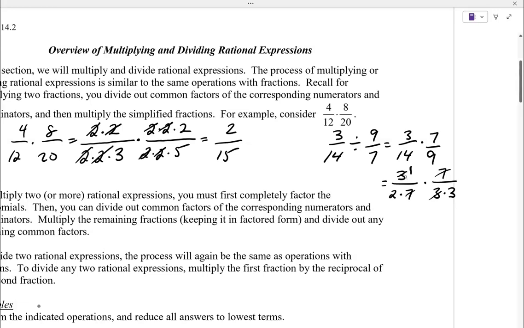The 7's. There's a 1 here. And then again, what do we get for the answer? We multiply across. On top, we'll get 1. On bottom, we'll get a 6. So we get 1 over 6. Again, the whole premise of this is factor everything in sight, divide out the common factors. Okay?